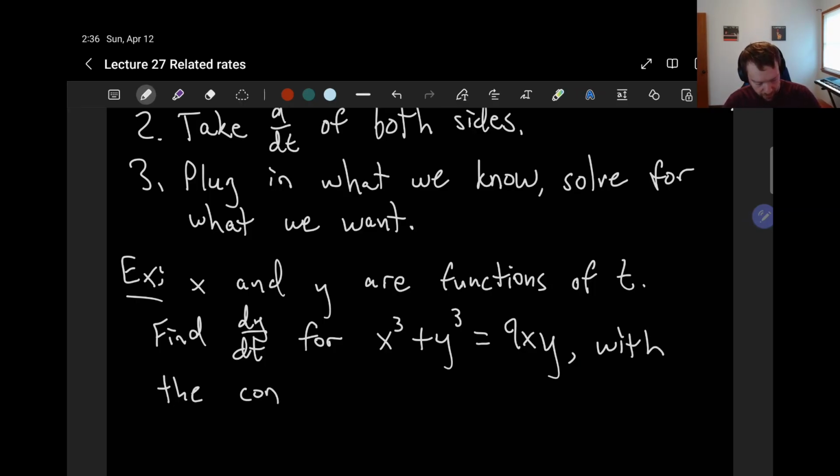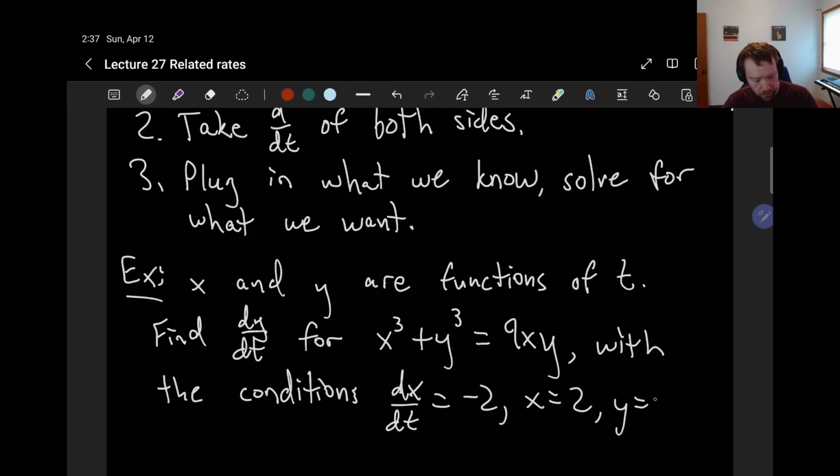And we need some particular conditions. So at this particular moment that we're looking at, dx/dt is -2, and we're at x equals 2, y equals 4.